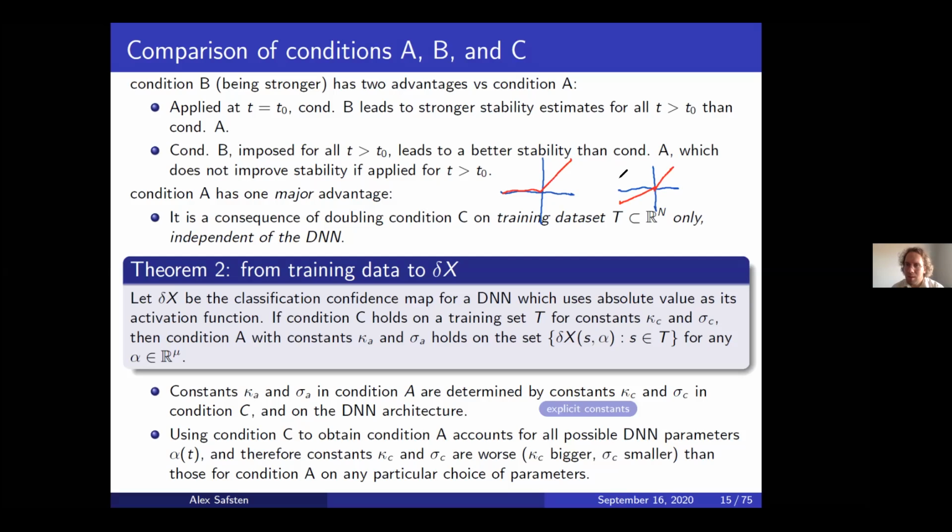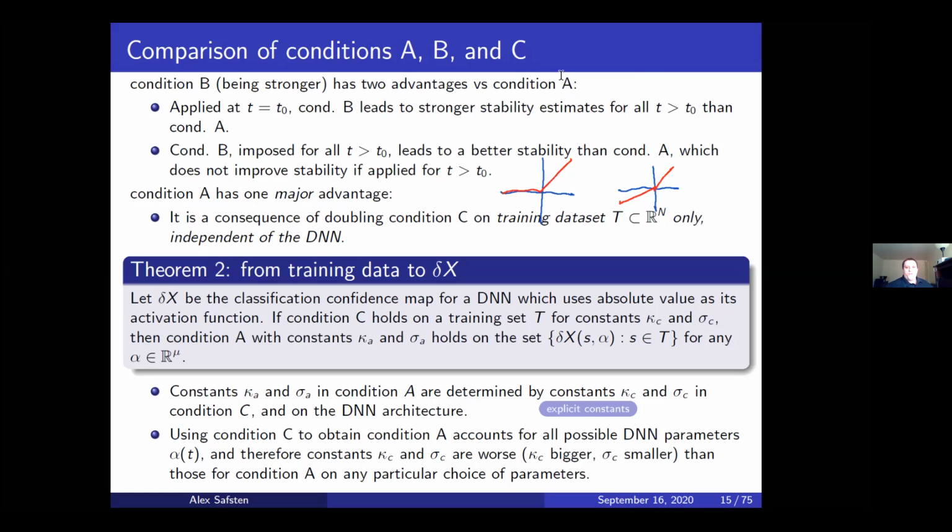Okay. I see another question in the chat. If I choose W as an open ball around a data point with radius r over 2, where r is the distance to the closest other data point, would this W not always violate the doubling condition? Excellent question, Philip.